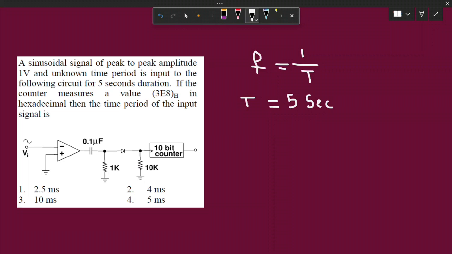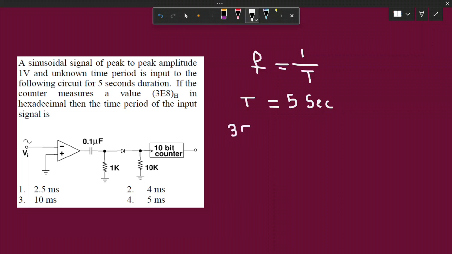Now we have to calculate the total number of cycles. The counter count is 3E8 hex, which means we have to calculate the total number of clock cycles, but that should be in decimal to calculate the final result.